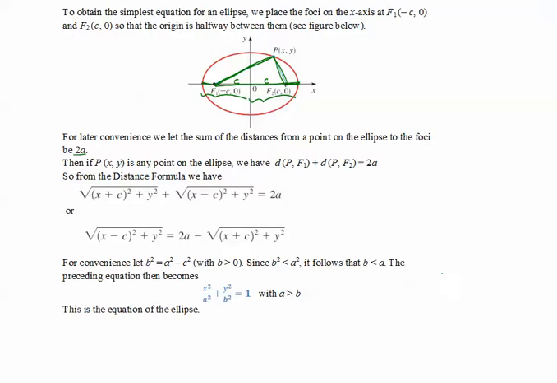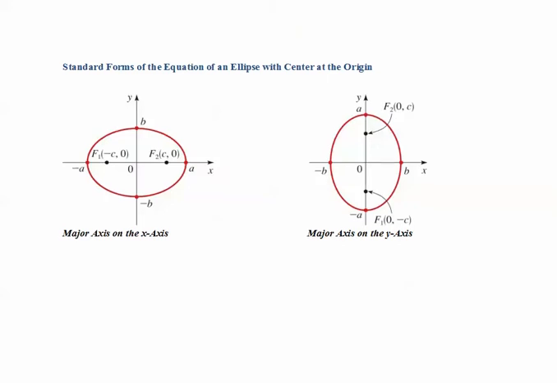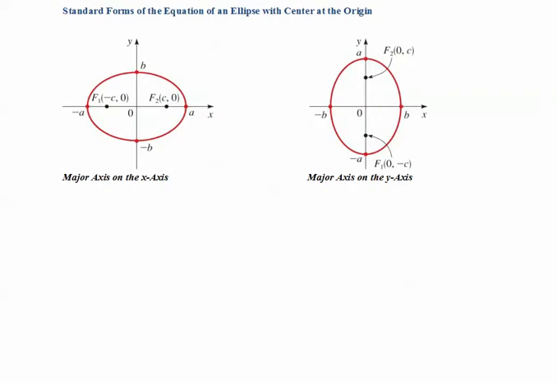So let's see here the equation of the ellipse when the major axis is the x-axis or the major axis is the y-axis. This is the standard form of the equation of an ellipse with the center at the origin. As we see here, this is now the major axis, the x-axis.